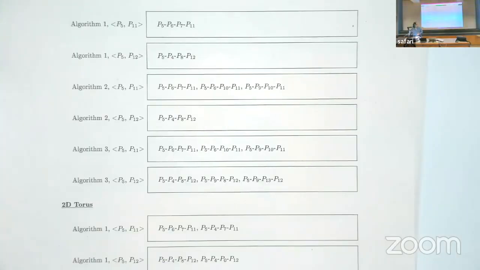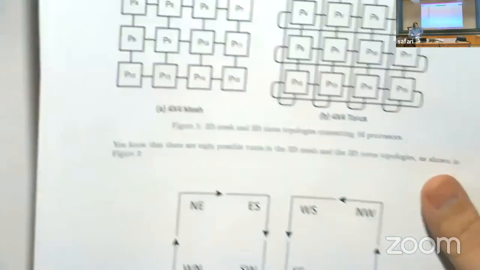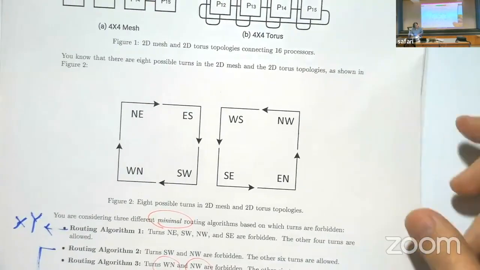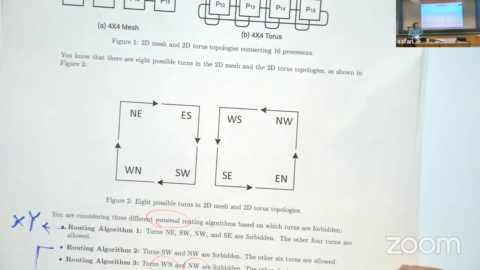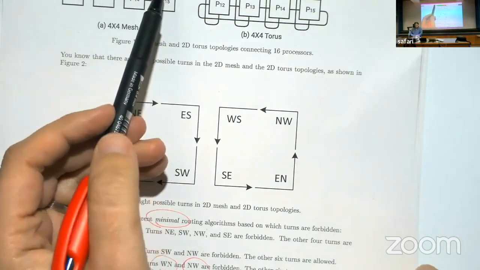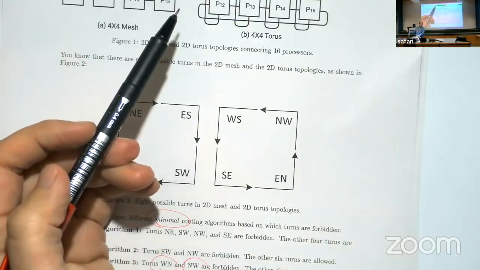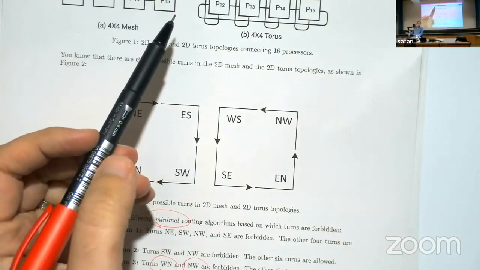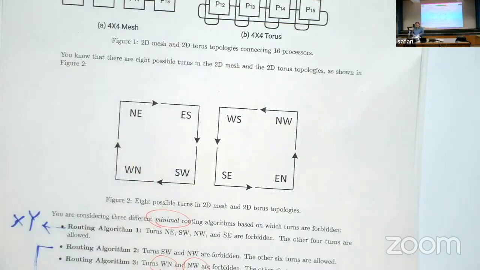So P5 to P11, the only thing we need to be worried about is taking turns west-north and north-west. Since P5 to P11, we are actually going to the east part of the network, right? So it's completely fully adaptive. So the answer would be the same as routing algorithm 2.